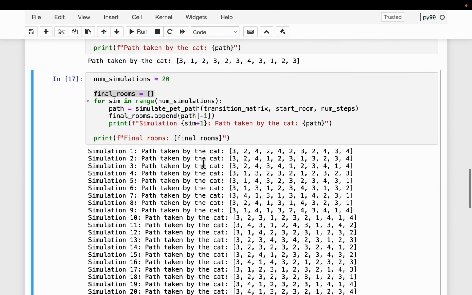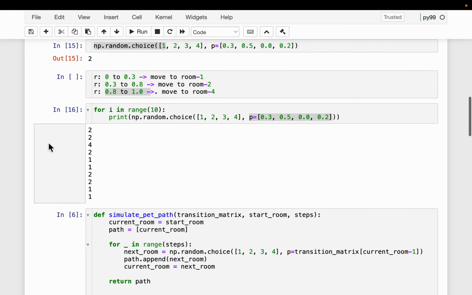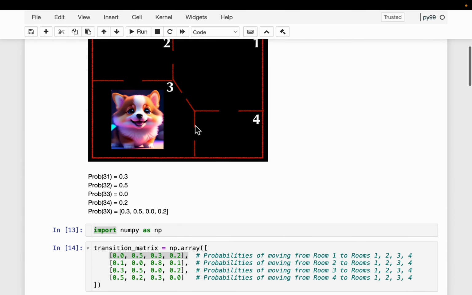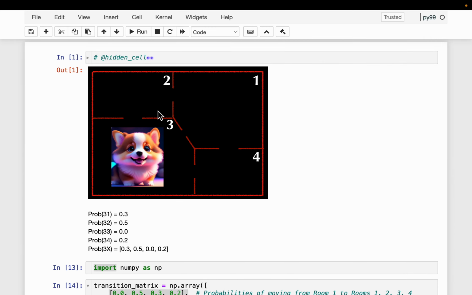For example, I run it again. This time, again, we are starting the pet from room number 3, but it ended up in room number 3. So does it mean we cannot answer where the pet is likely to be, because it seems completely dynamic? Every time we run, it seems like it's going to be in a different room.